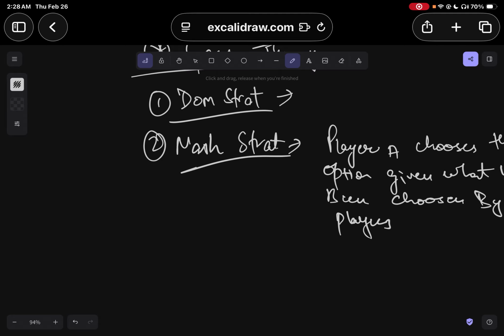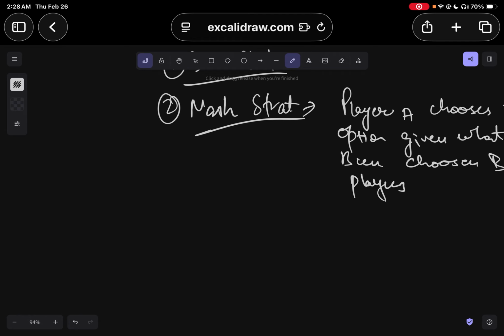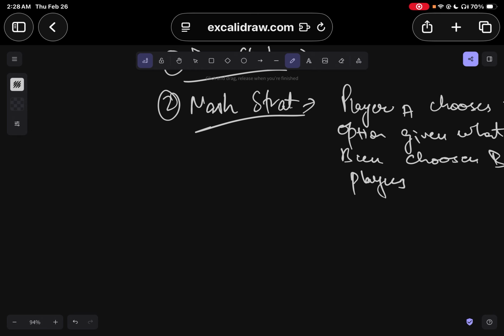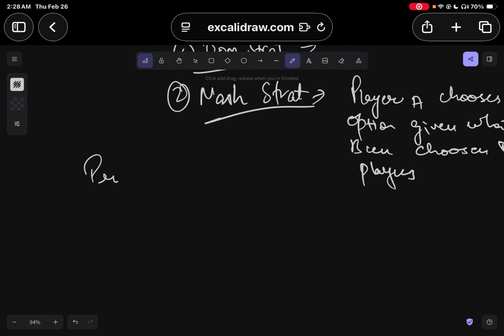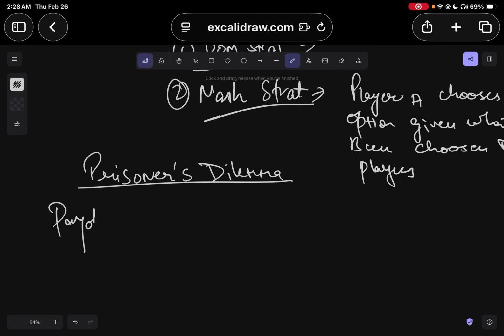So we have the prisoner's dilemma in here. So let's say there are two strategies, confess and not confess. So we will draw a whole prisoner's dilemma. So let's clear the payoffs first.